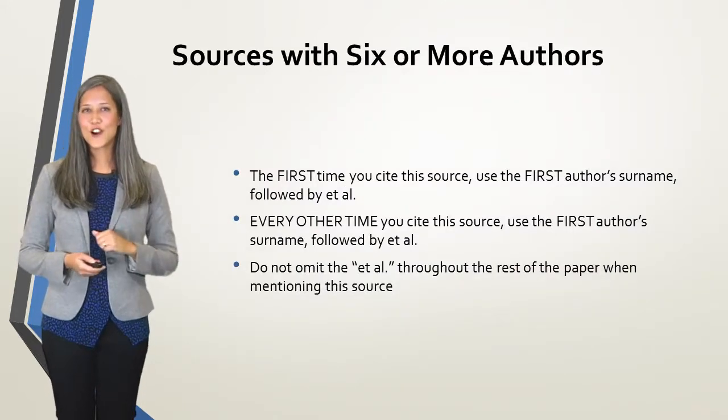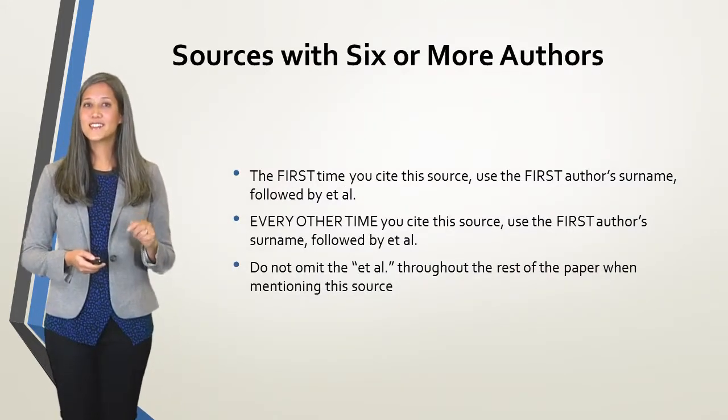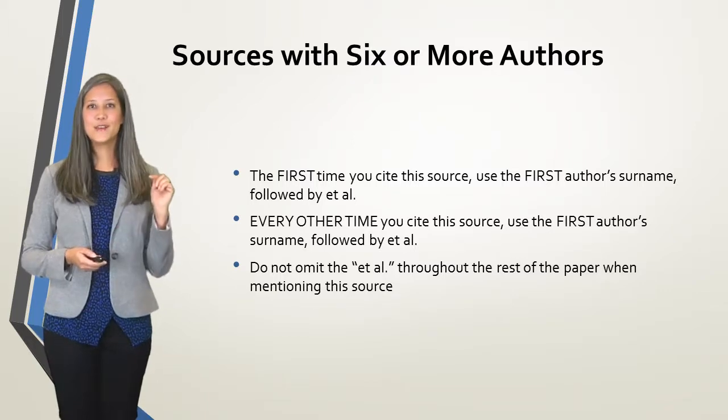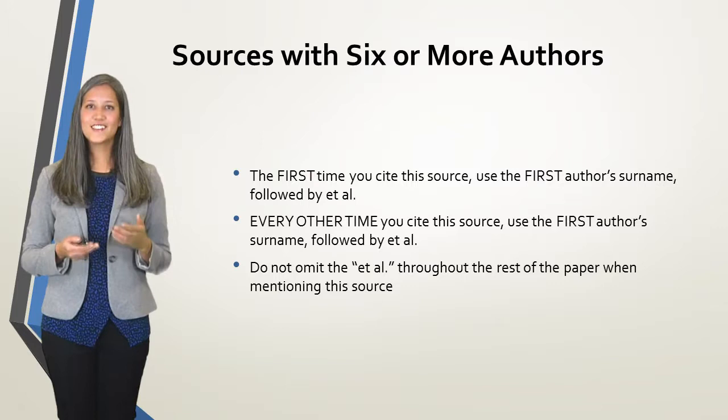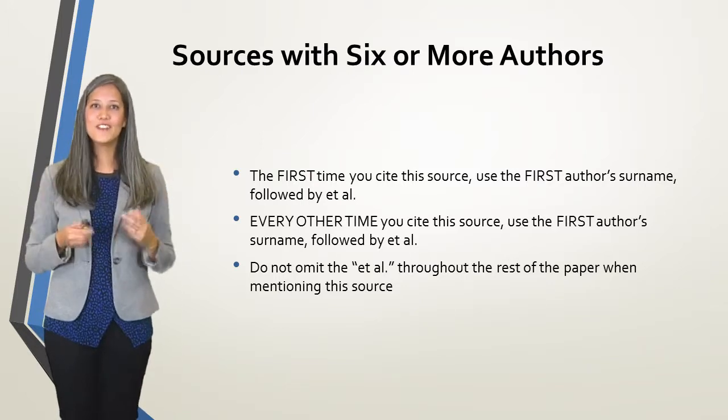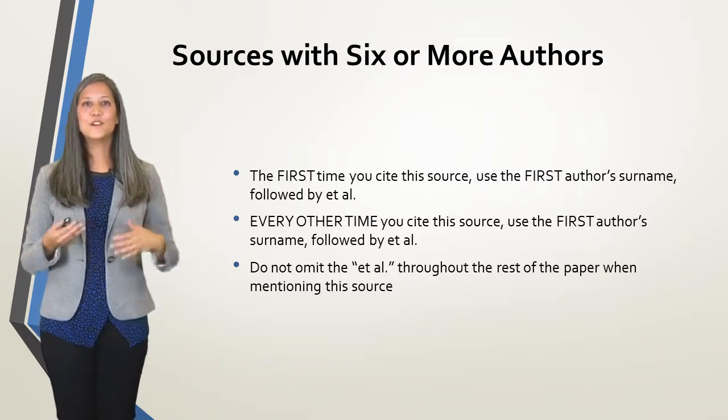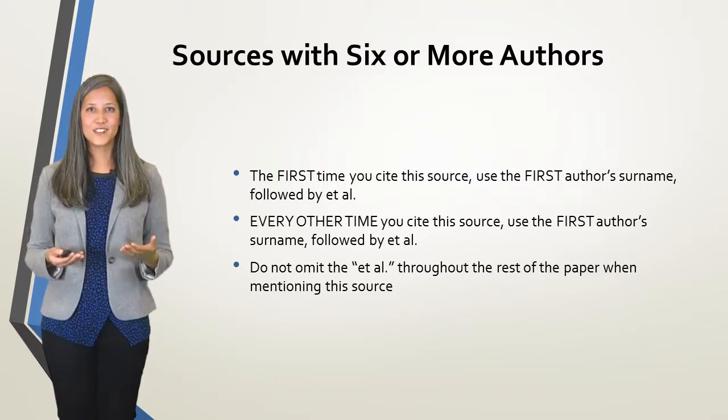Sources with 6 or more authors. When a source has 6 or more authors, you skip directly to the et al. citation style. Et al. is Latin for "and others." It's a way of signaling to the reader that there were multiple authors on a particular source.